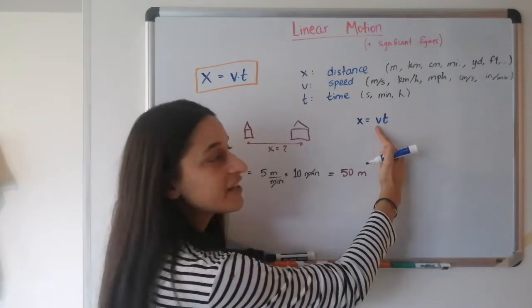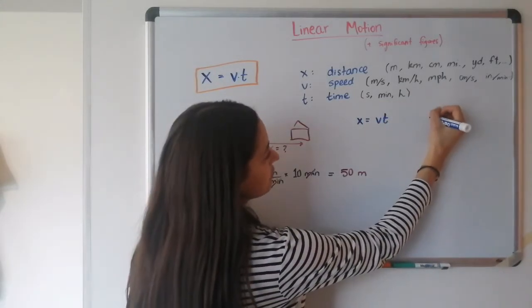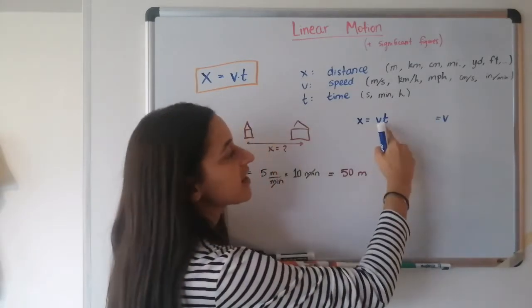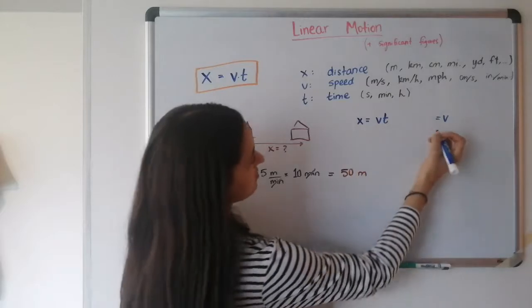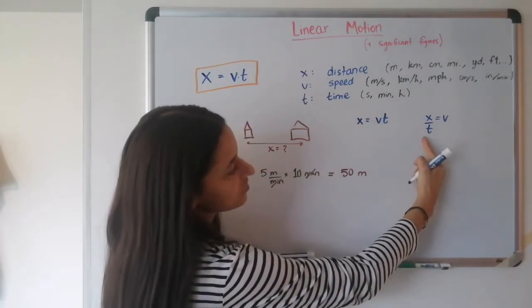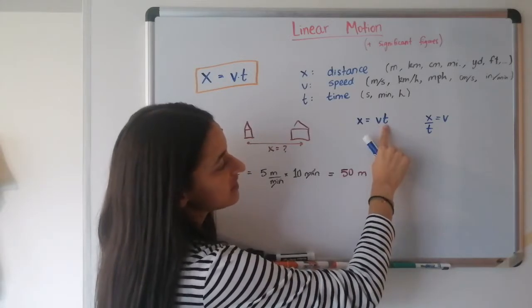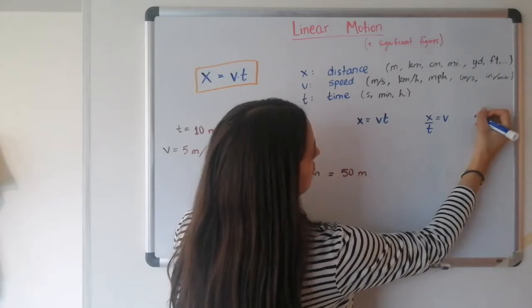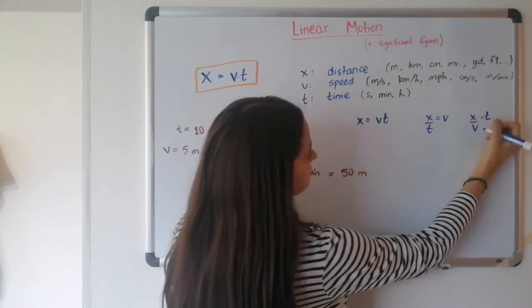Now, if we want to look for v, we leave v on that side, and we want to divide x over t. So we pass t to divide to the other side, and we get v equals x over t. If instead we wanted t, we would pass v to divide, so we get t equals x over v.